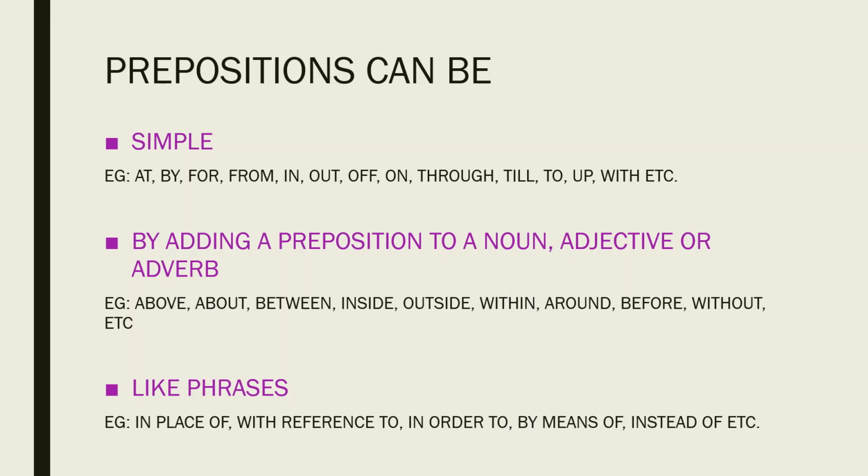Prepositions can be simple, can be made by adding a preposition to a noun, adjective, or adverb, or they can be used like phrases. Simple prepositions you already know: in, out, on, till, up, down, with, from, for, etc. Then we can add a preposition to a noun, adjective, or adverb: before, without, within, outside, inside, between, and so on.